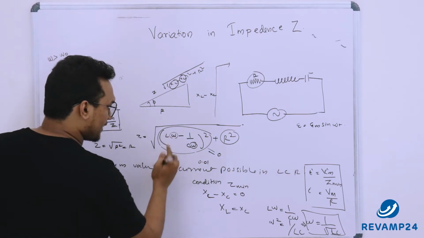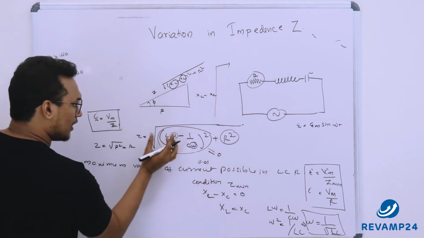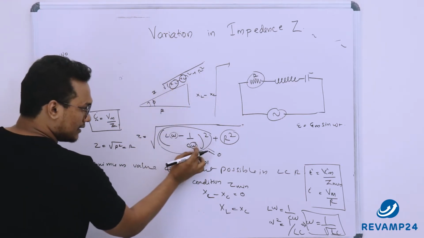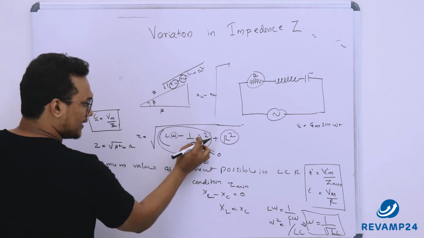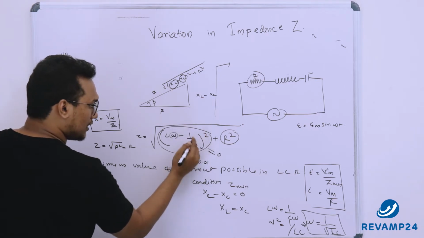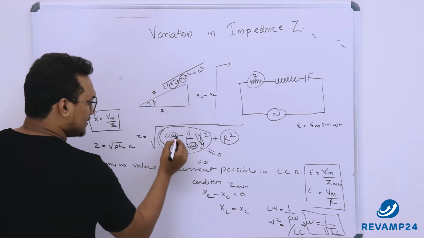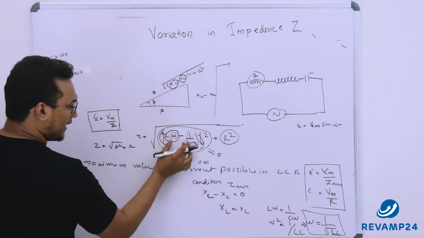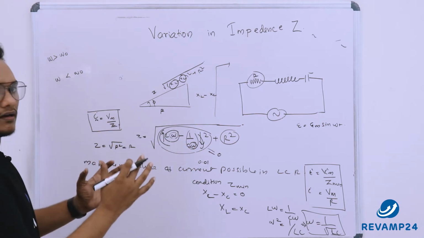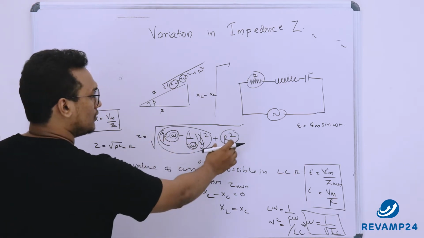Now when omega is greater than omega 0, this value would be great, and when omega increases, this would be less, so the total value will decrease and this will increase. So a higher value minus a lower value, squared, would be a higher value, plus R square.